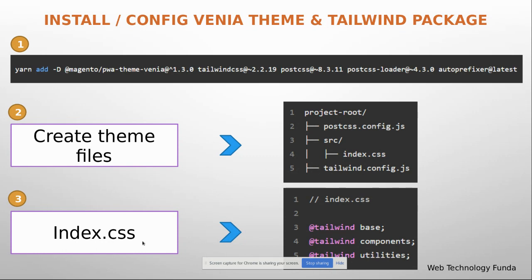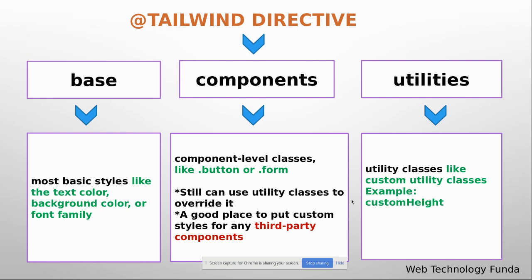And inside the index.css we need to create three base directives. For example, you can see the base directive, the component and the utility. These are the three main components of Tailwind. Base is only used for the basic styling, for example, text color, background color, font families.